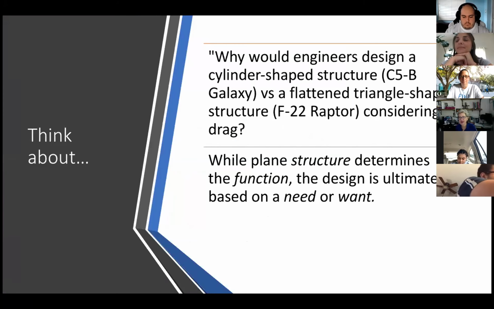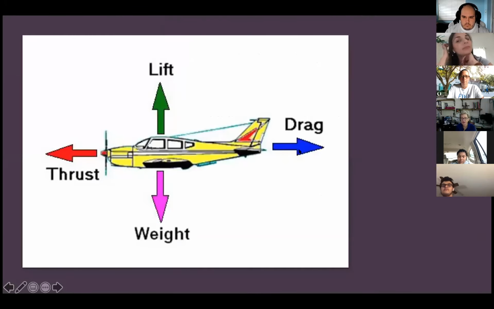Okay. So some things to think about. The Galaxy, I know Yanaya mentioned it was really shaped like a passenger plane. It was very cylinder shaped, whereas the Raptor was very flat. So which one would have more drag, the Galaxy or the Raptor? Remember, drag is what, we'll go back to the slide. Drag is caused by air resistance.